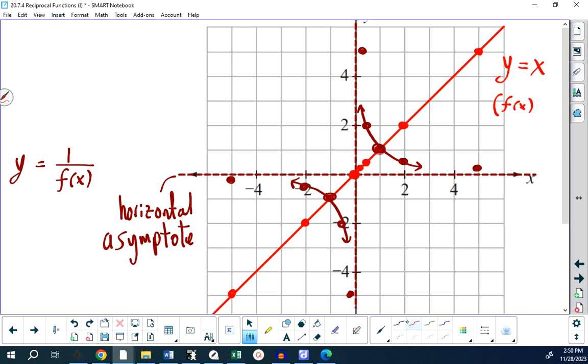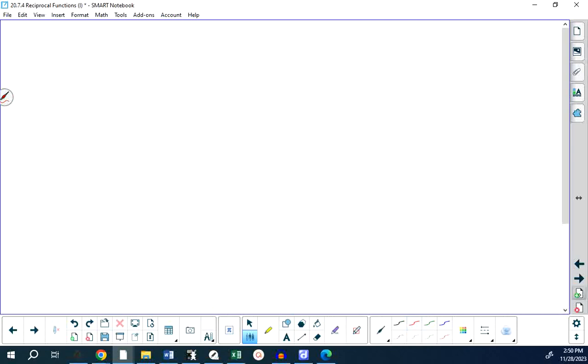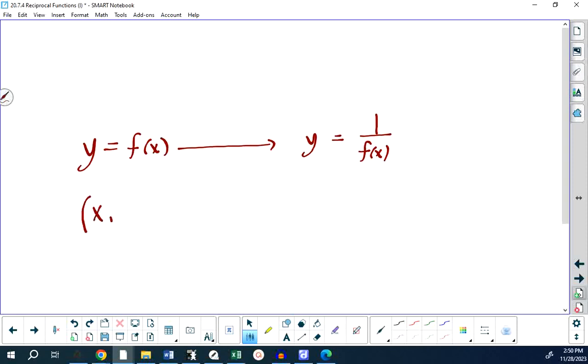And I'm kind of going to go a bit in circles here. I might as well tell this to you now. If you want to go from y equals f of x to the reciprocal, this is what happens: you end up taking the reciprocal of all of the y coordinates.